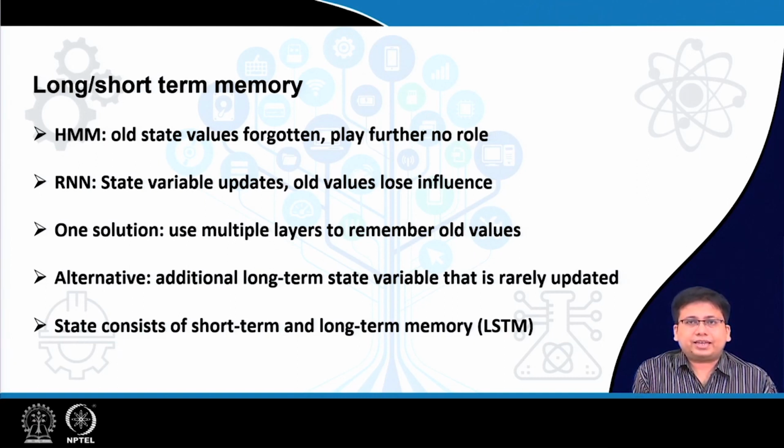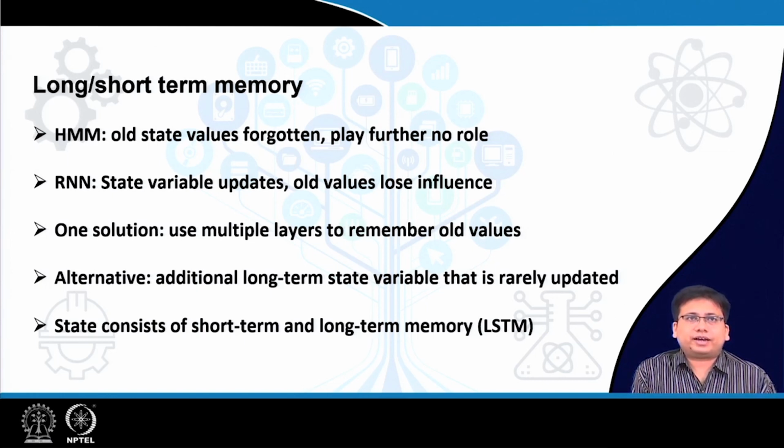So at any point, the output y depends only on the current value of the system state, and once that system state changes, the old value does not play any further role in a hidden Markov model.